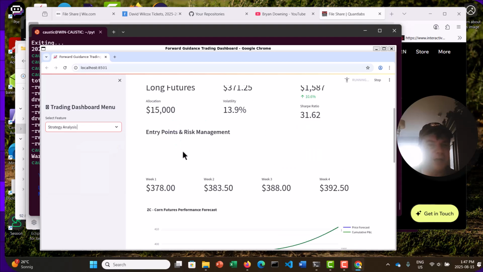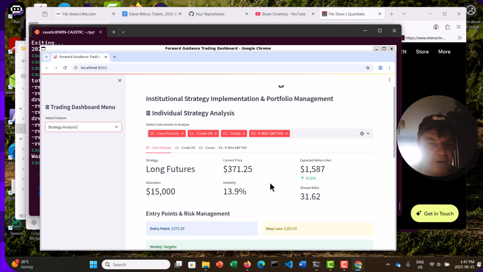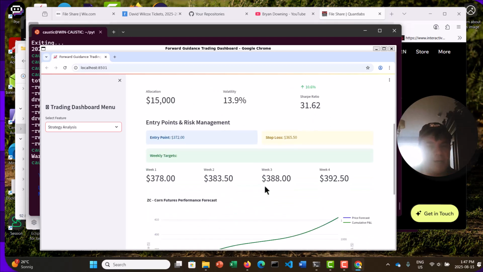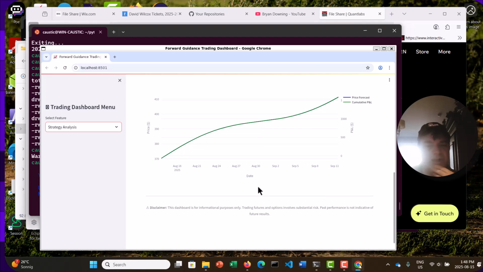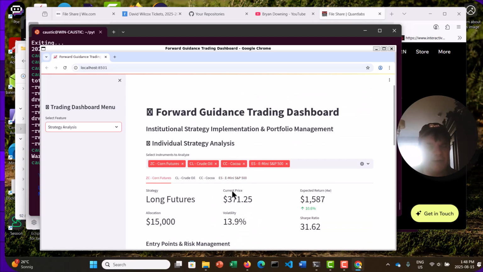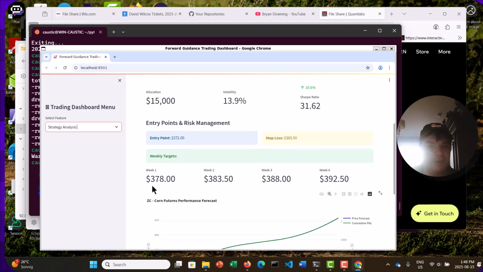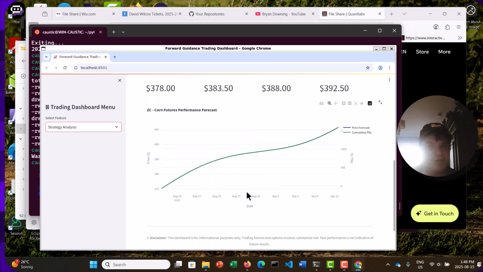So here with our strategy analysis, now again, I can generate this. What I can do is figure out what my particular instruments are that are going to give me the most amount of return. So over the next 4 weeks, in this case, we have here corn. Okay. So we have week 1, week 2, week 4. This is the profit. So that looks pretty good. So over the whole process, we're going to make a bit of money.